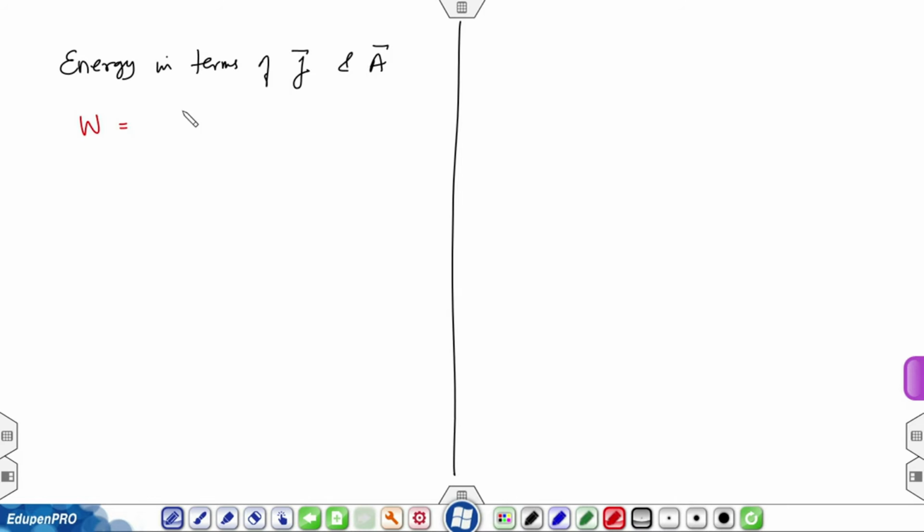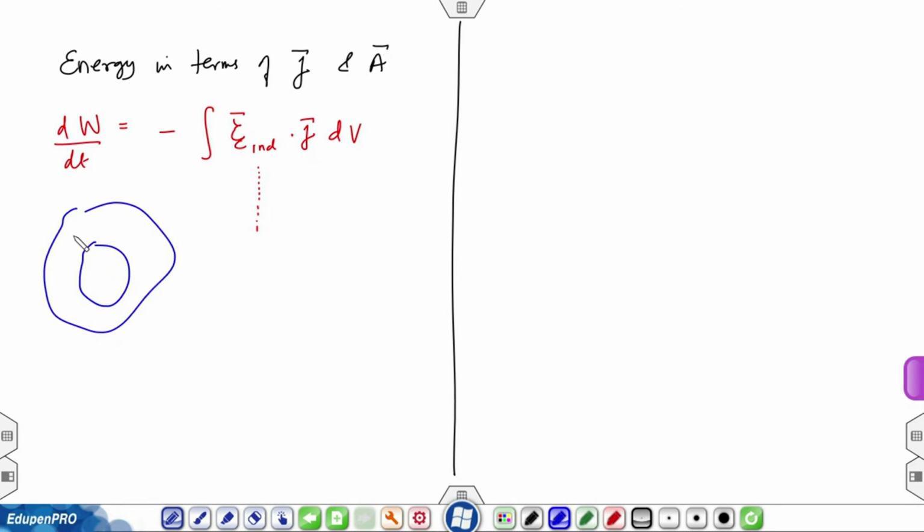So, I have dW/dt equals minus integral E induced dot J dV. And from whatever I did just now, for a volume where current J is being set up, let me make current J inside being set up, and there is some cross-sectional area ds.